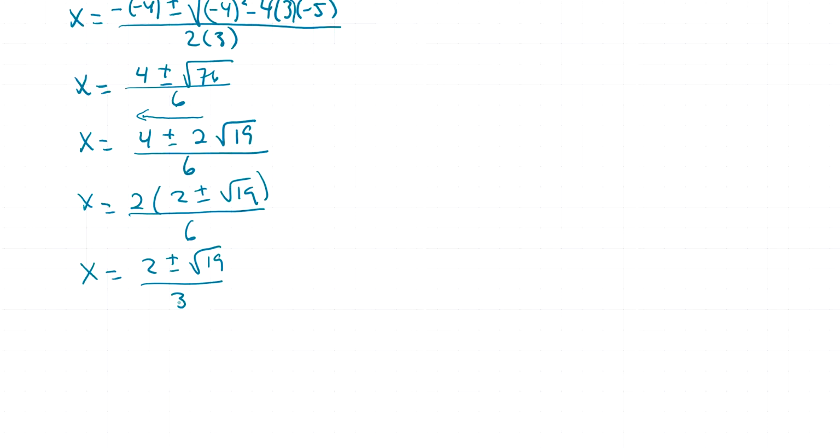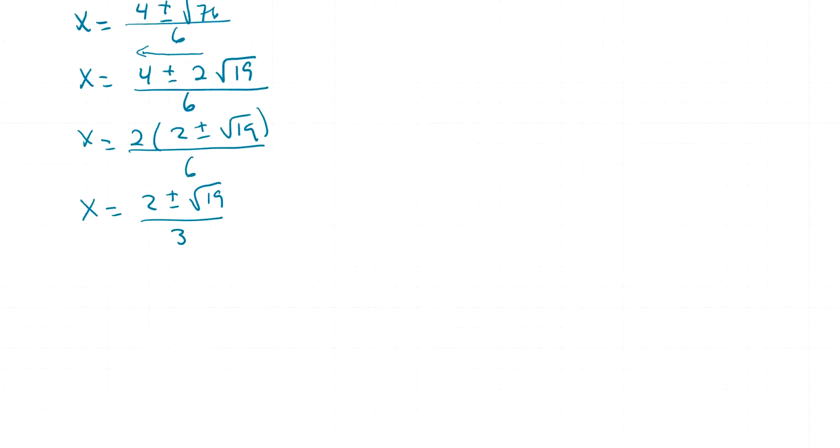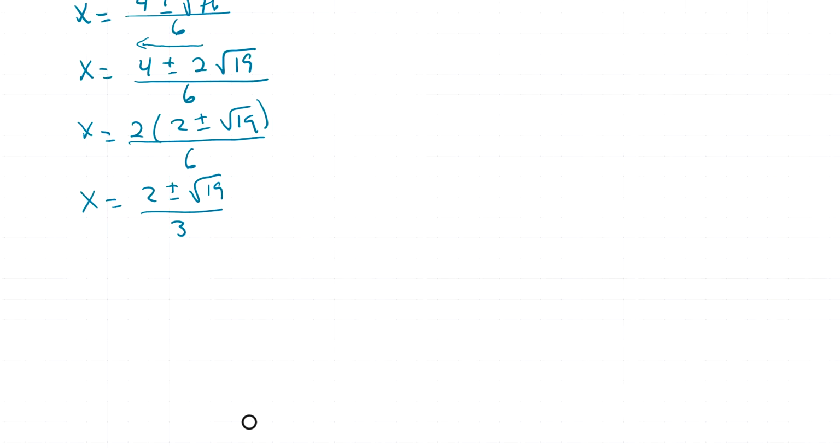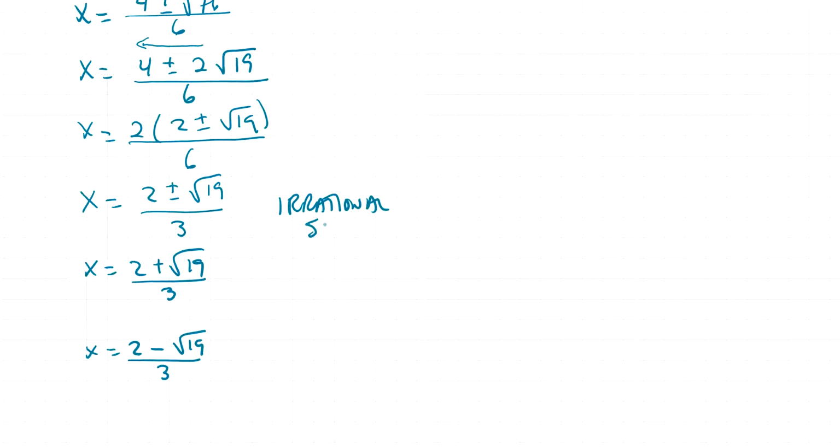And so that's essentially your answer, and you're going to get two solutions, right? You're going to get x equals 2 plus the square root of 19 divided by 3, and you're going to get x equals 2 minus the square root of 19 divided by 3. So these are definitely irrational solutions. Irrational. And if we want to graph them, though, we would convert them to a decimal.